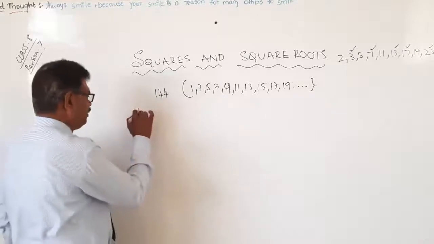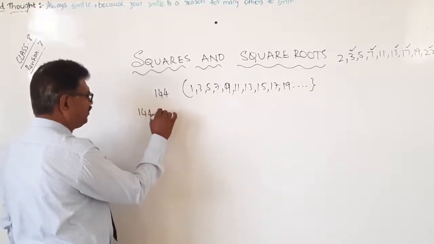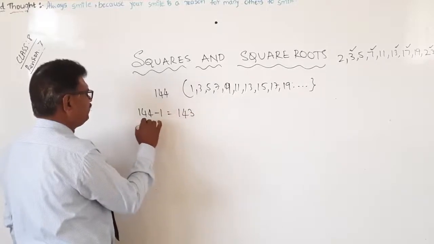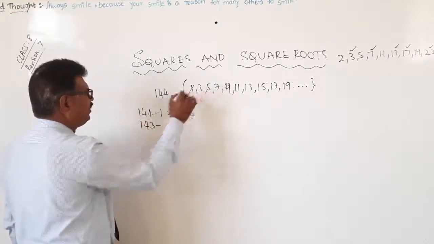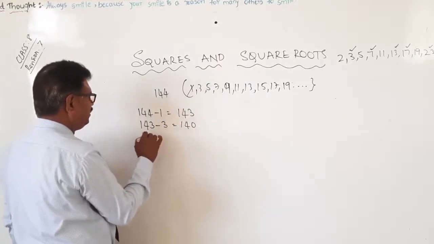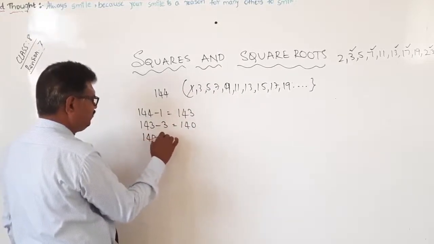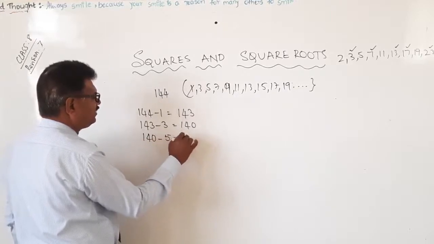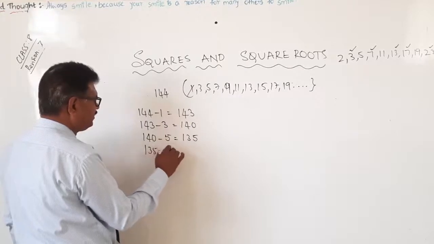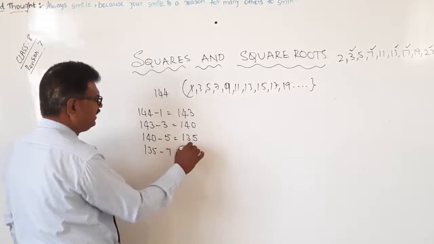First, 144 minus 1. How much? 143. Again, 143 minus 3 is 140. Again, 140 minus 5, 135. 135 minus 7, 128.